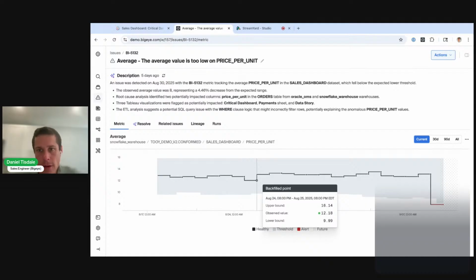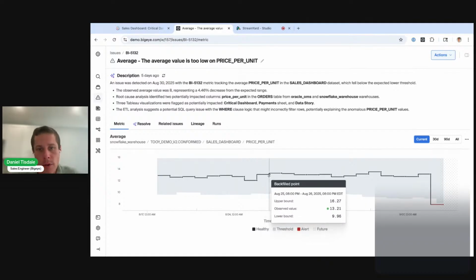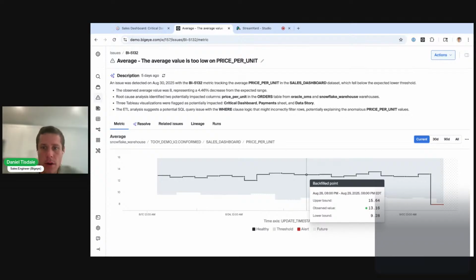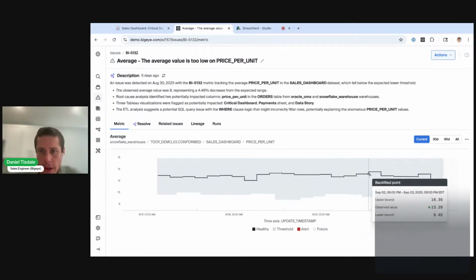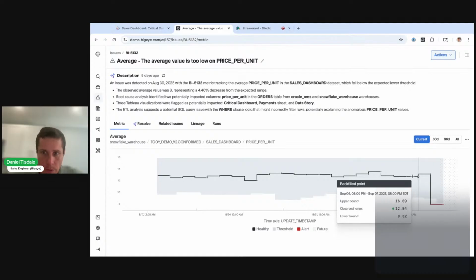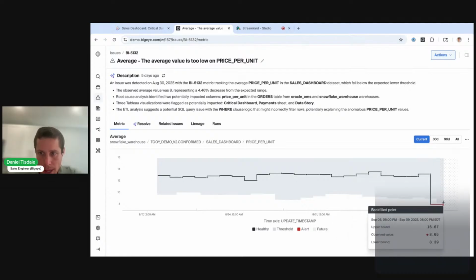We don't store any record level data, just the aggregated metadata statistics, which is exactly what that's showing here. The gray band that's shifting a little bit, that's the machine learning anomaly detection that we're leveraging to learn and train on your data. And everything was looking good as far as being within the acceptable bounds or range up until the last run of that metric.